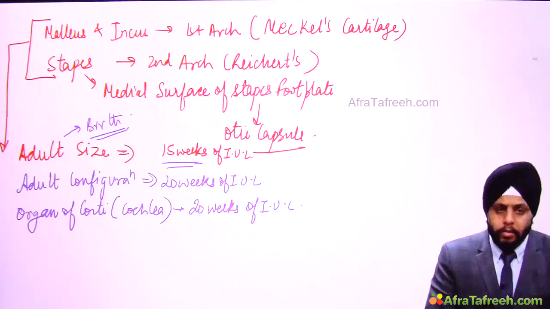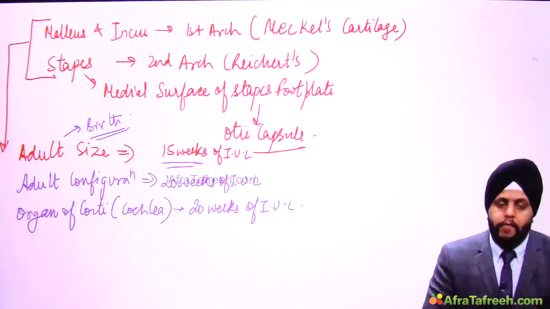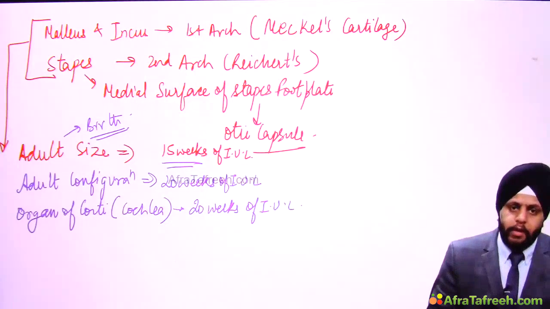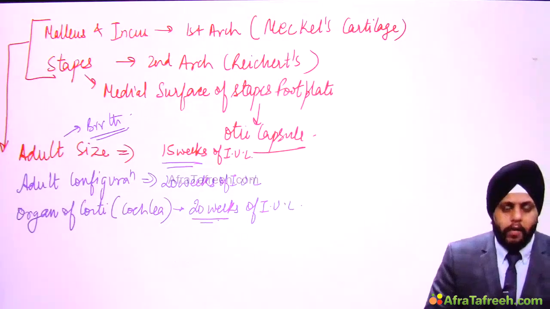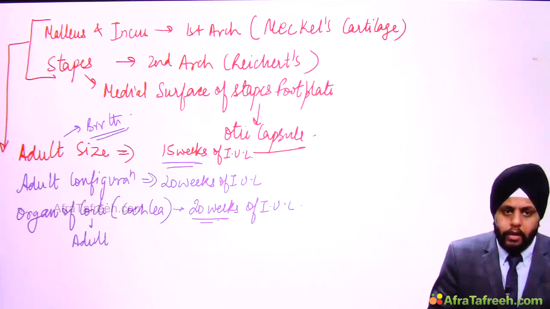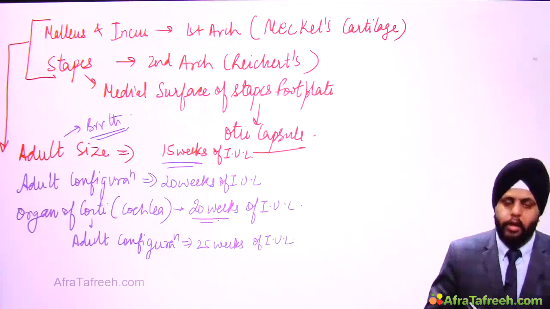In that we know Abhimanyu learns war technique while he was still in utero. We have all heard that story. So remember, a child in utero can hear after 20 weeks of intrauterine life. We have now scientifically proven it. Now this organ of Corti attains adult configuration. So it starts hearing at 20 weeks and adult configuration at 25 weeks of intrauterine life.